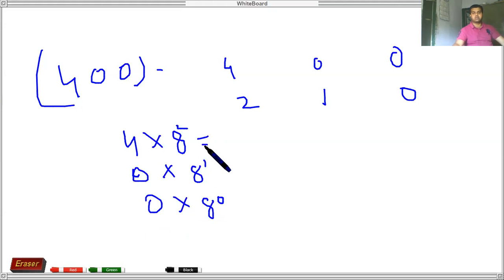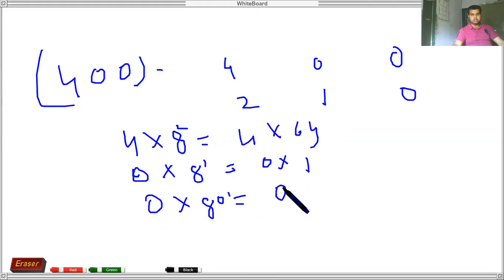Okay. So 8 square is 64. So 4 into 64. Then 8 to the power 1 is 8, into 0. Then 8 to the power 0 is 1. So again 0 into 1. How much you get? 256. This becomes 0. This becomes 0.